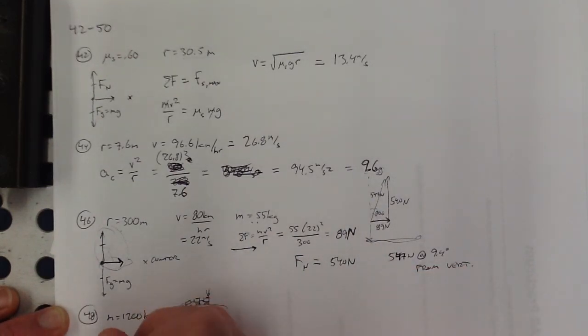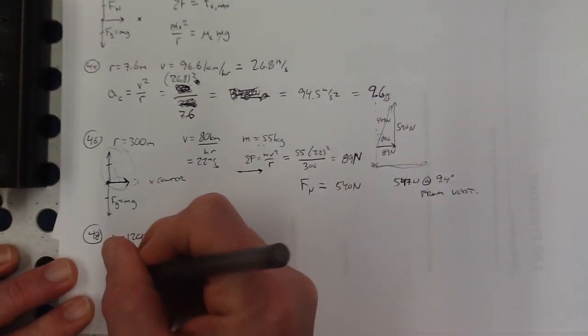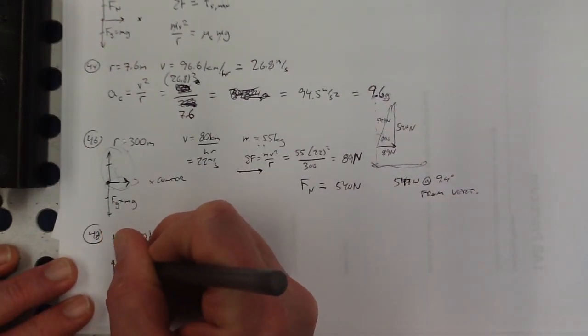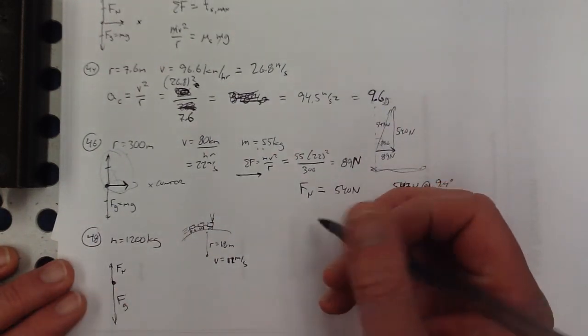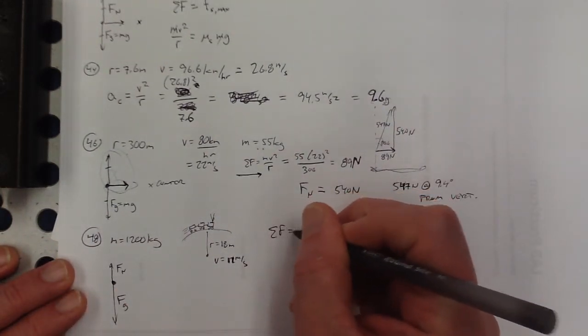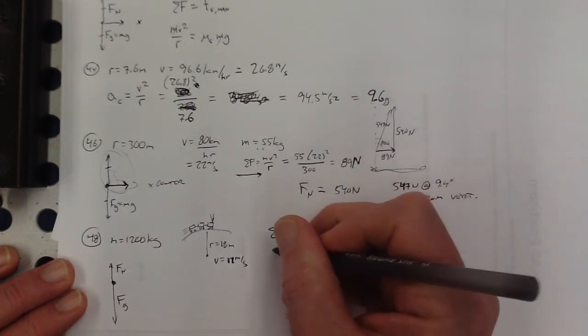All right, so force diagram here. If you're going over the top of a hill, there must be unbalanced force toward the center of the circle. So there's force of gravity, but the normal force is going to have to back off so that there can be unbalanced force toward the center of the circle. Gravity's got to be winning because that's the direction toward the center.